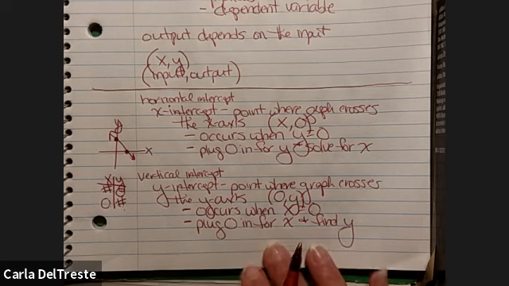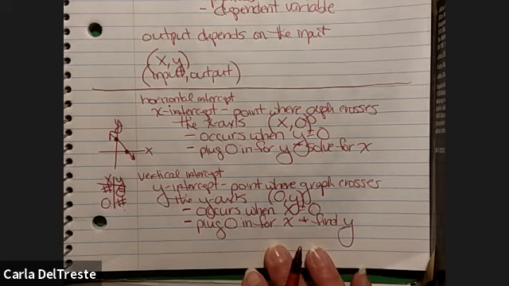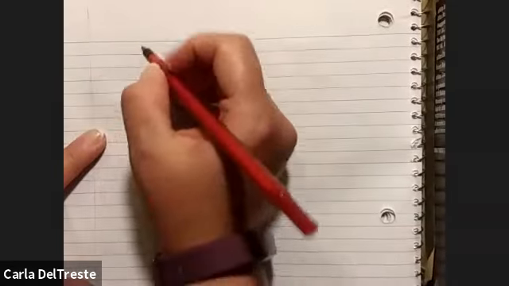So these are some important features of a graph. Now let's talk about why they're important in terms of a word problem. So we're going to take a look at a particular word problem.